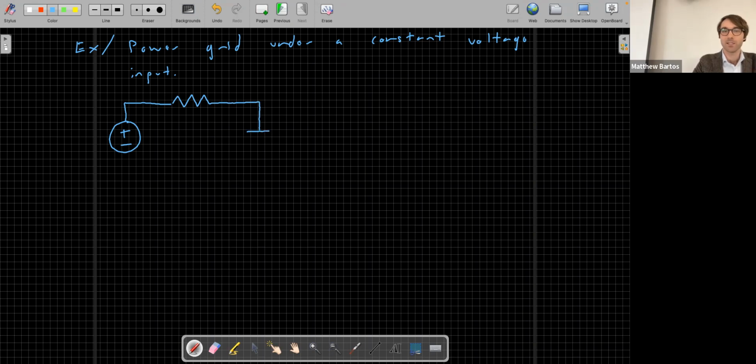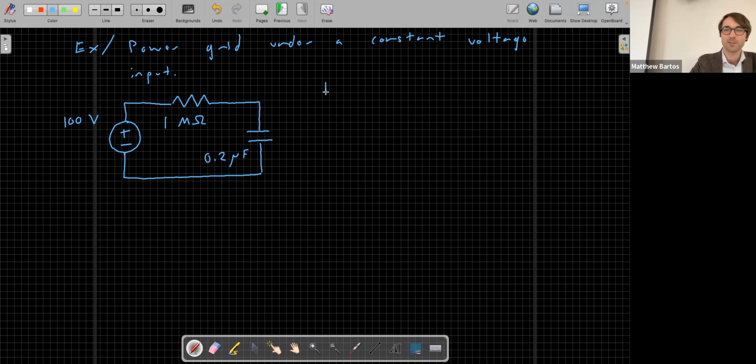Maybe it's like a battery or something. We'll just represent it as a capacitor. The voltage input to the system will be 100 volts. The resistance of the power grid, just in bulk, we'll treat as a single resistor with a resistance of 1 megaohm. And the storage element we'll treat as having a capacitance of 0.2 microfarads.